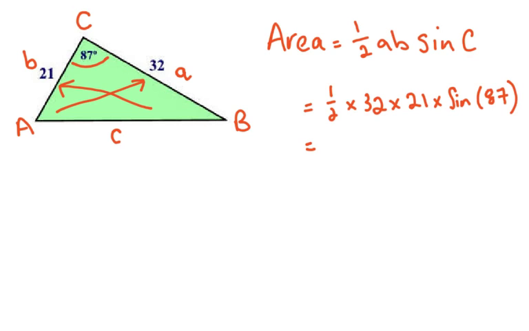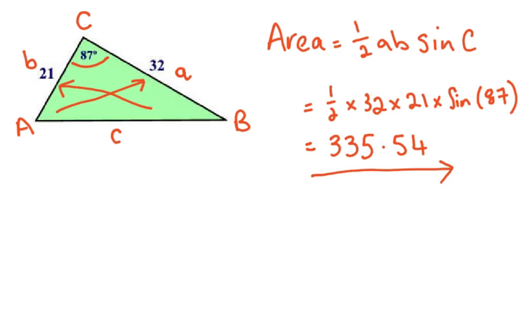The reason we can put this all in one go and not have to do bits and pieces like we had to do with our cosine rule is because it's all being multiplied. Therefore the answer is going to become 335, and I'll go to 2 decimal places, 0.54. This then becomes the area of this triangle.